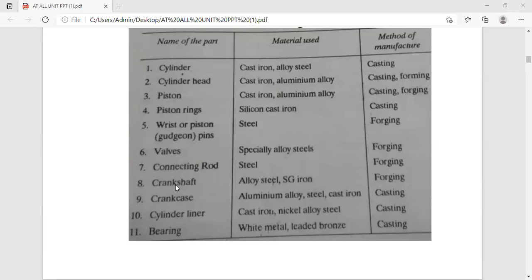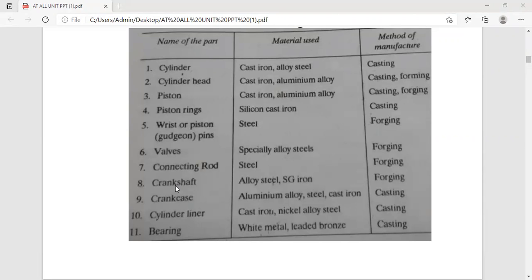Now the next point is the crankshaft. The crank is an integral part of the crankshaft. The crankshaft is supported by the main bearings and carries the balancing weight. It also carries the flywheel to even out the fluctuating torque.